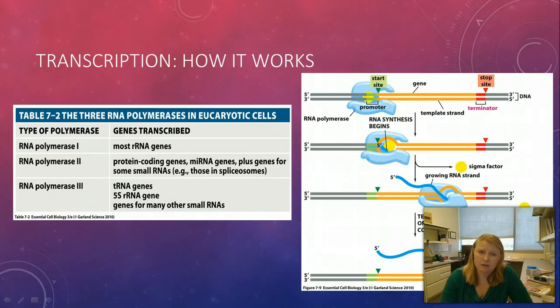RNA polymerase 2 is the one that's specifically used to create the mRNA transcript, which is what goes on to become proteins. So it's important to note that if we're not distinguishing it, in general we're talking about RNA polymerase 2 if we're talking about protein creation. But just be aware that there's a variety of polymerases that have specific functions within the cell.